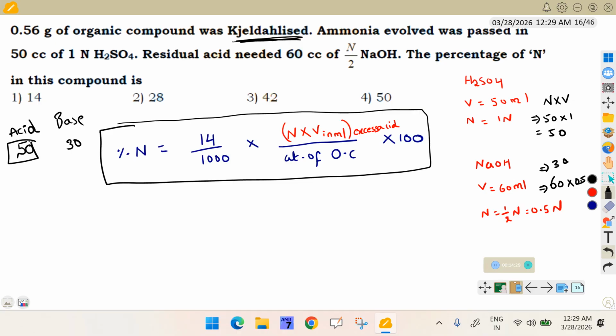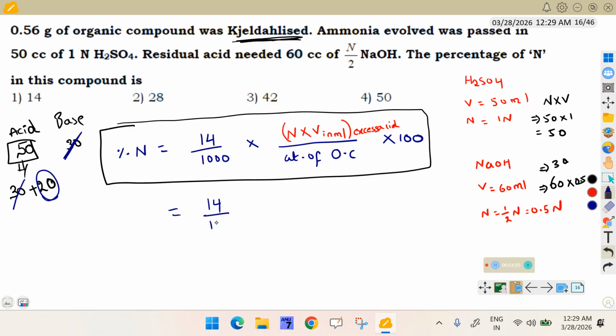This 50 is also written as 30 plus 20. So 30 milliequivalents of acid combine with 30 milliequivalents of base. Of the remainder, how many milliequivalents of acid are in excess? 20 milliequivalents of acid are in excess.